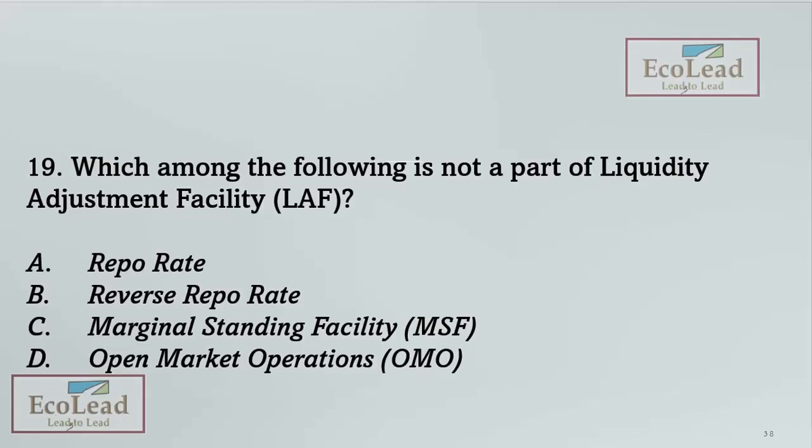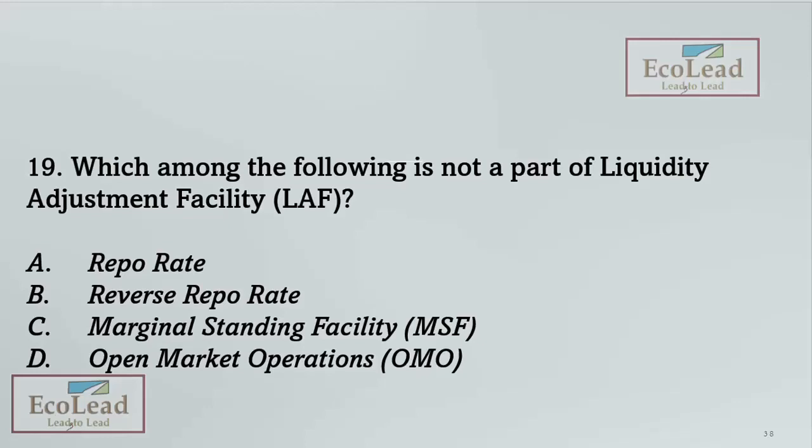Which among the following is not a part of the liquidity adjustment facility? Now, the liquidity adjustment facility of monetary policy is the tool that basically regulates the liquidity of the economy.